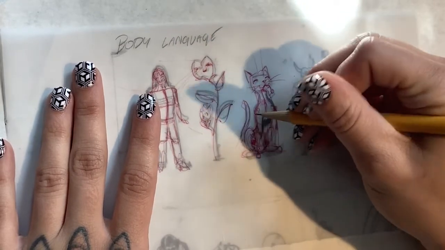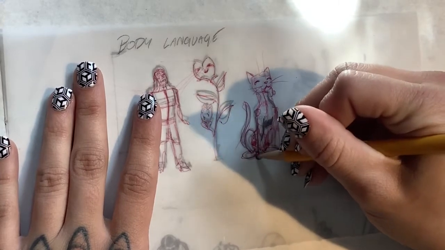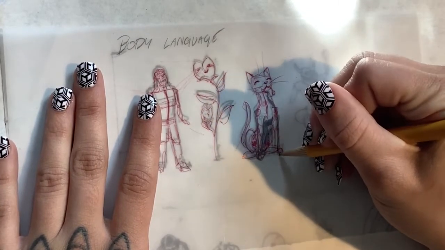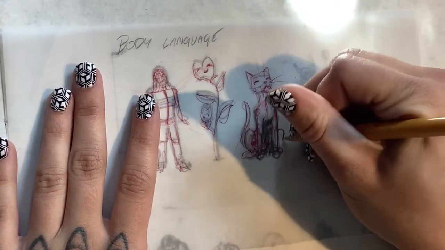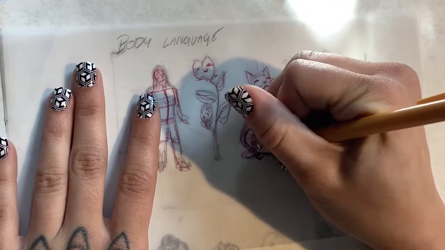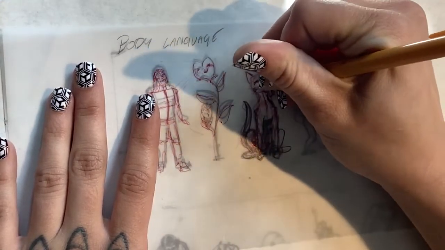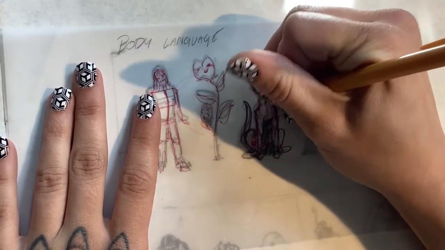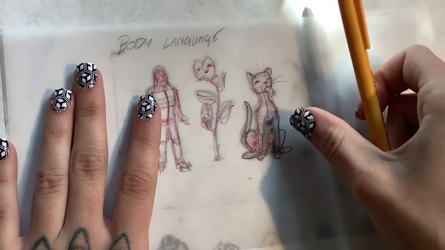Kind of differentiate the layers of red that I've created. So hopefully that's a little bit more clear now.